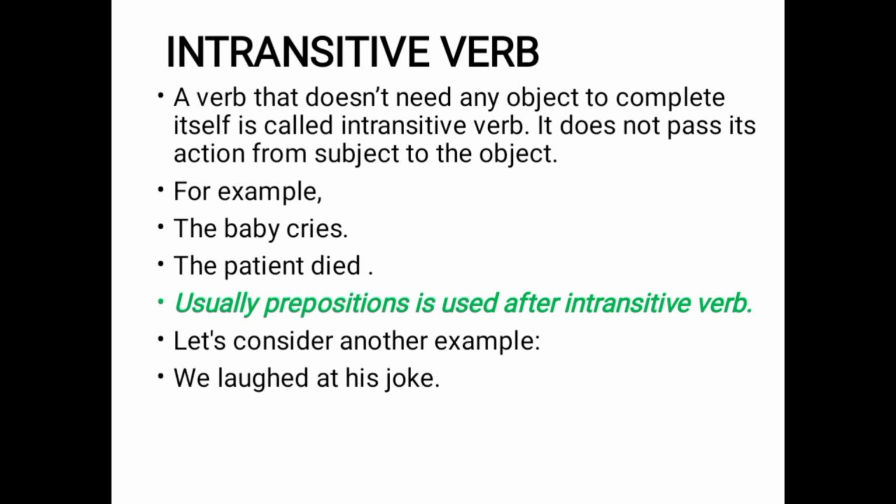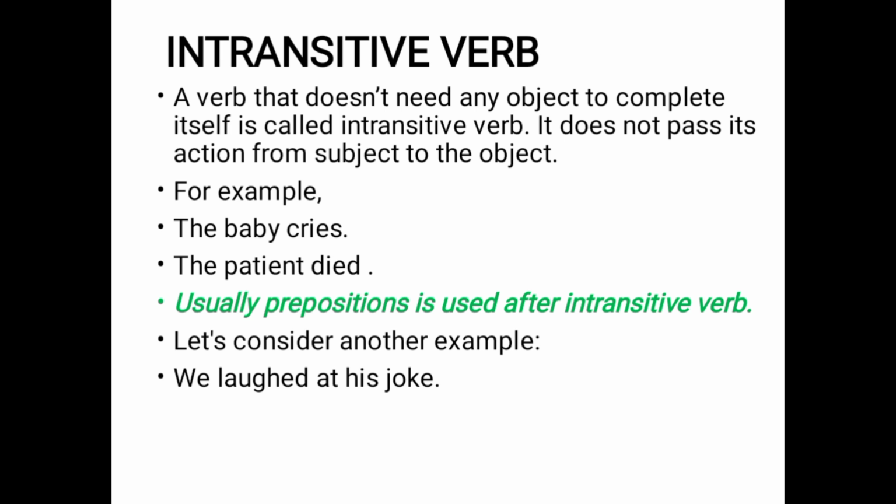Intransitive verb. In means without. So, a verb that doesn't need an object to complete itself is called an intransitive verb. It does not pass its action from subject to object. For example, the baby cries. The baby is the subject, cries is the verb, and we can see that there is no object in this sentence. Even then, this sentence is complete.